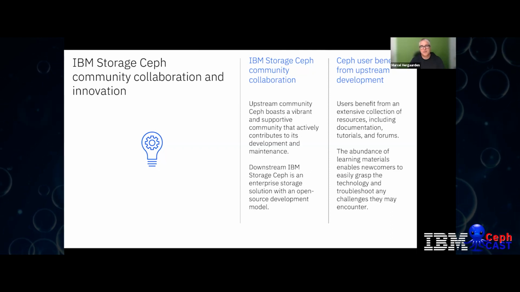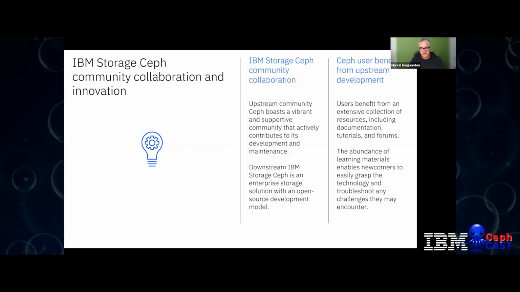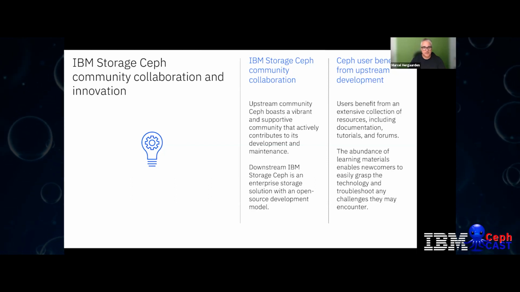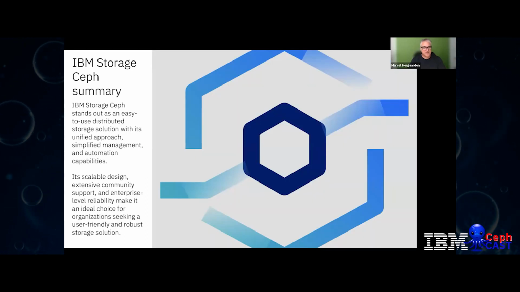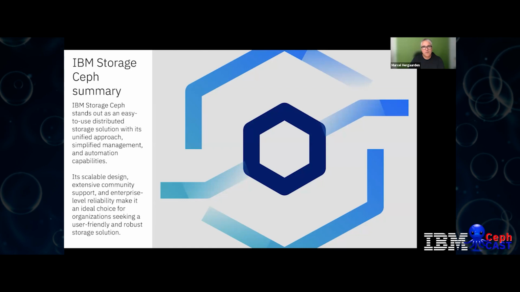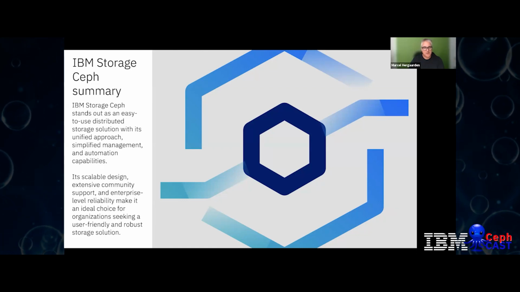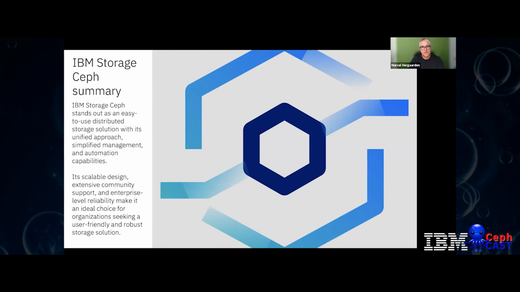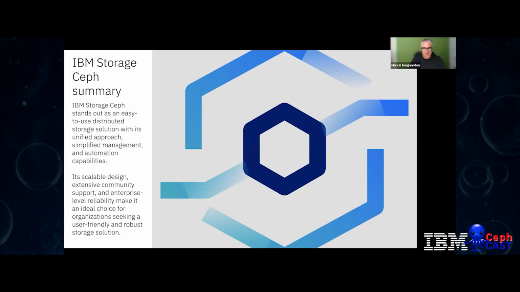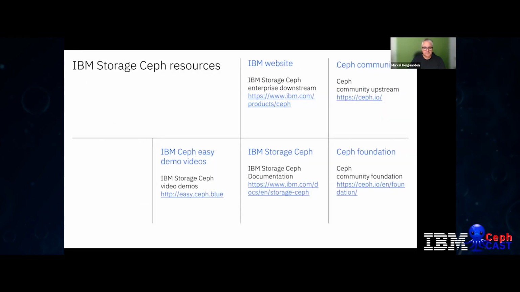But if you need the enterprise support and the secure updates, etc., this is where IBM Storage Ceph will actually shine. So, in summary, it stands out as an easy to use distributed storage solution with a unified approach, file, block, and object storage, simplified management, and a lot of internal automation capabilities. So this is your enterprise option for IBM Storage Ceph.